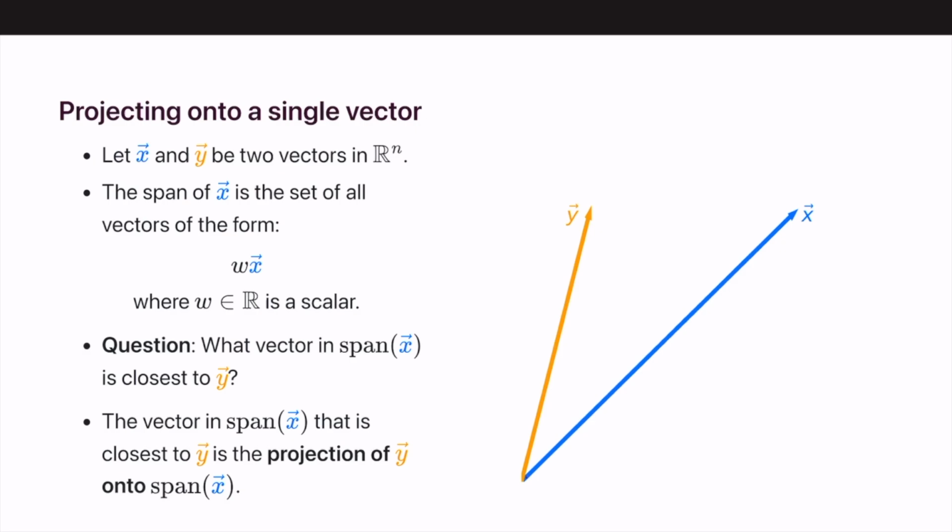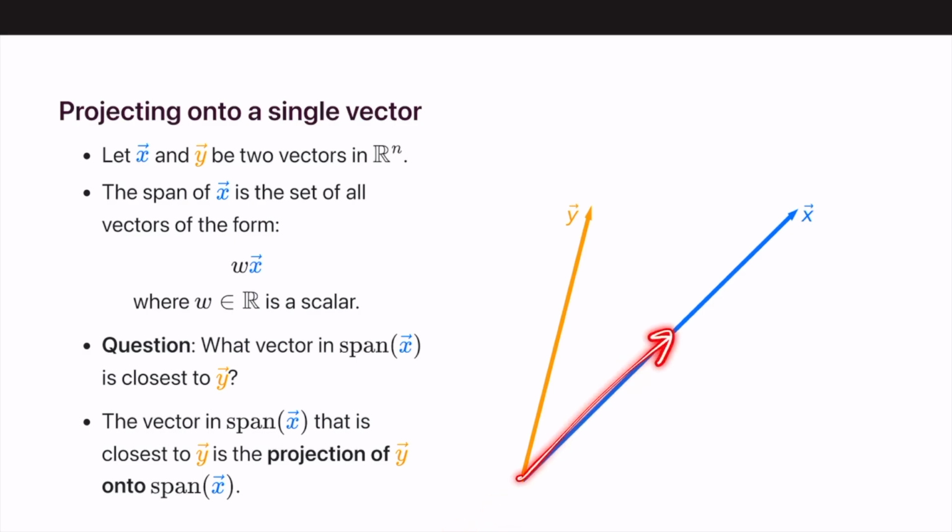So what we have here is kind of like a number line, and we can scale x however we want. And we want to know, of all the possible spans of x, which one most closely resembles y? Now you might be saying, okay, well, x is just this vector right here, and y is the vector going the other direction, so there's really nothing like it. Intuitively that's true, because they're both going in different directions. But what we can say is that this is not like y at all compared to this, right?